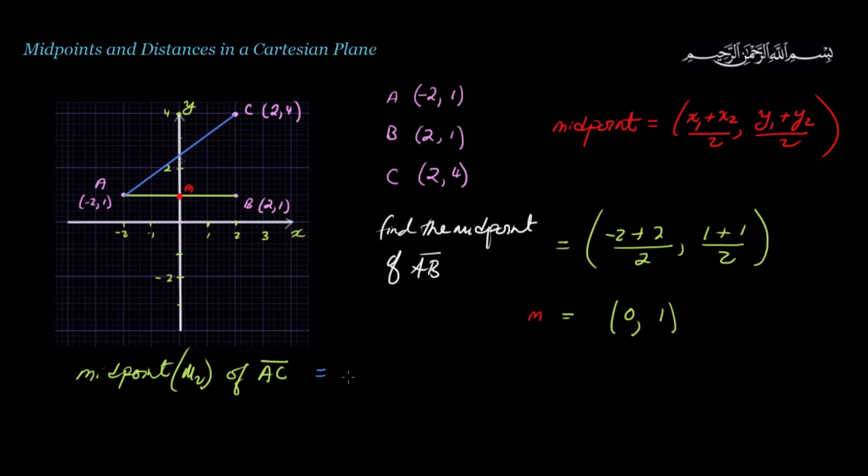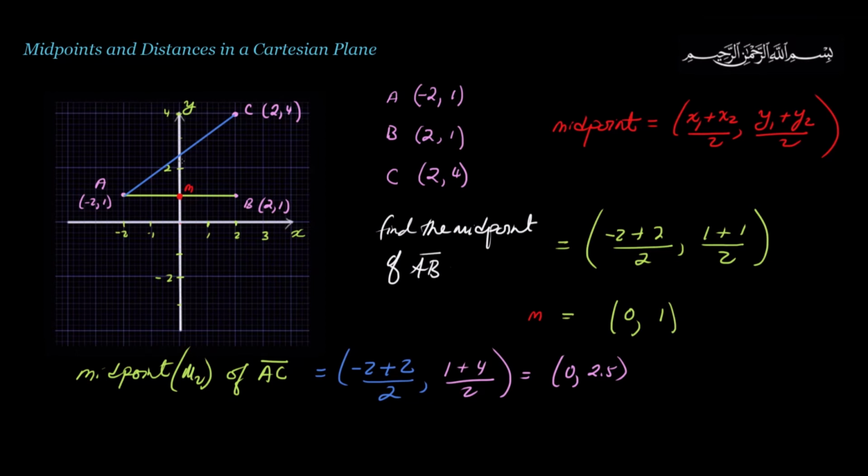So we take the average of the x's, -2 plus 2, that's this and this, and you divide that by 2. To find the y value, you take the average of the y values. That's 1 and that's 4. You divide that sum by 2. So you get 2 plus 2, 0, and this would be 0, and the y is 5 divided by 2, or 2.5.